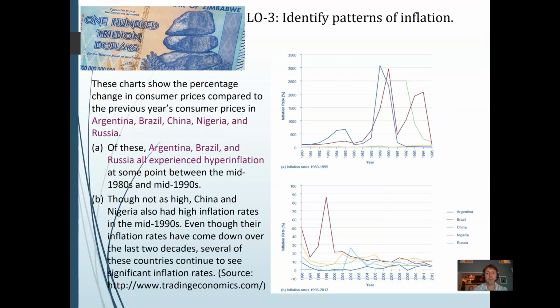There are some really unique experiences of hyperinflation, very fast growing inflation. I'm going to show you an example of something that's been happening recently in Argentina, but there's other historical examples.